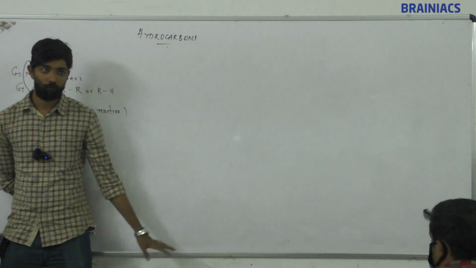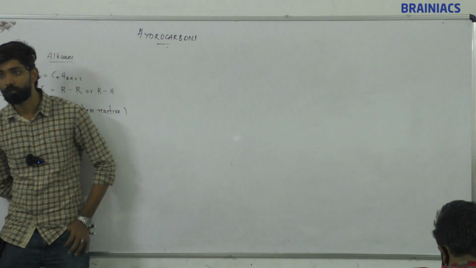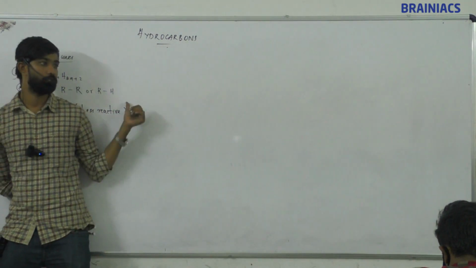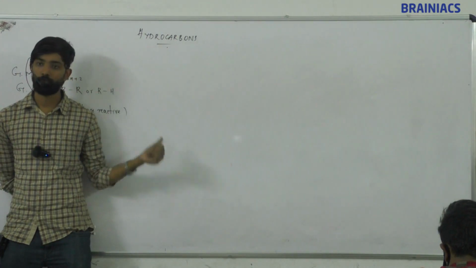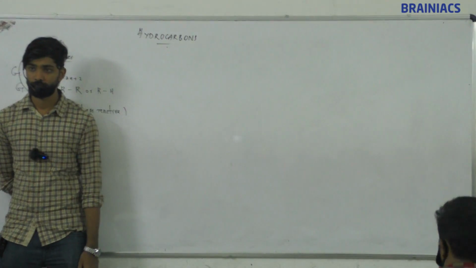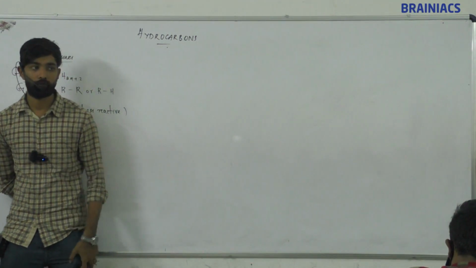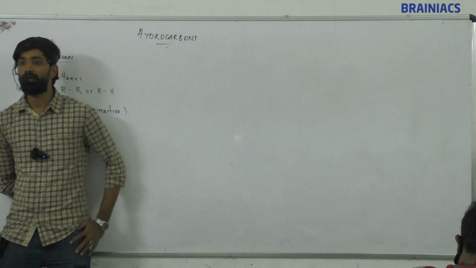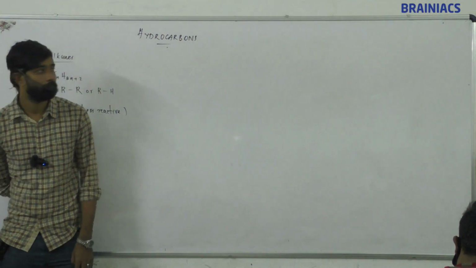The nomenclature of alkane is already over. And you know the isomerism of alkane. Alkane can show chain isomerism, position isomerism, and moreover conformational isomerism. You are familiar with the eclipsed and staggered forms of ethane, propane, butane, like that.